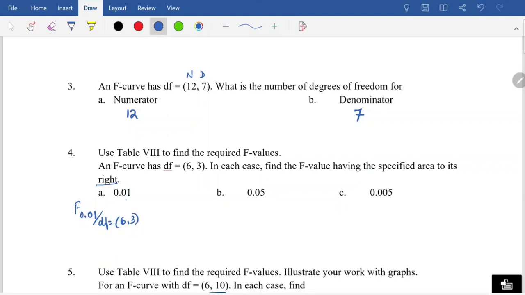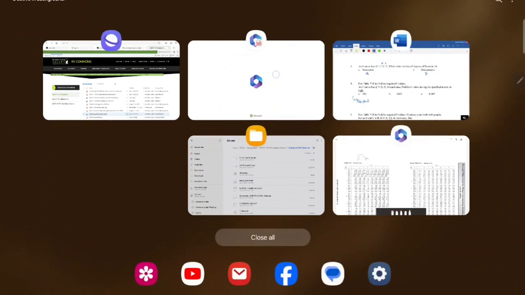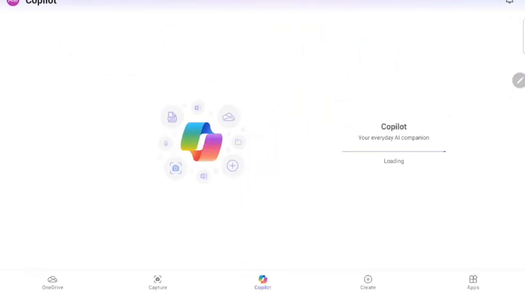So we are going to refer to our table. You can also use a graphing calculator to find these values, but I'm going to show you how we can go to our table and find the values. So F of 0.01 with df 6,3. Let me pull up the table here. Here's the table.